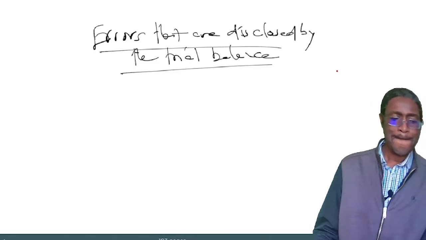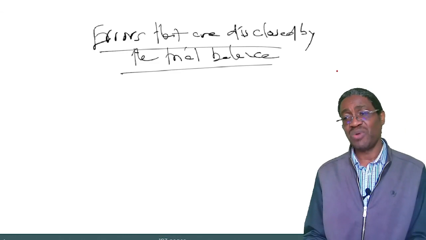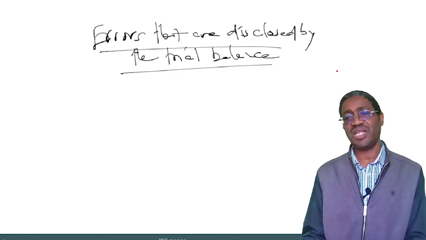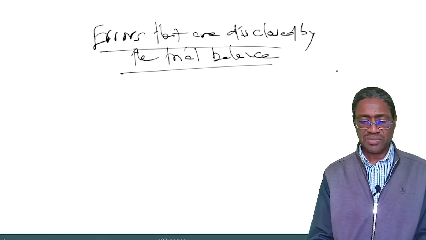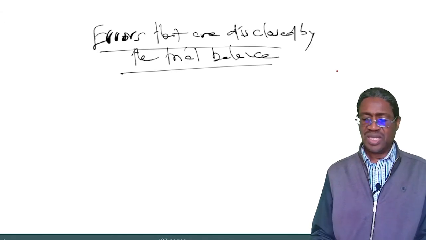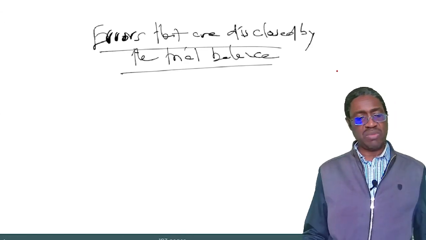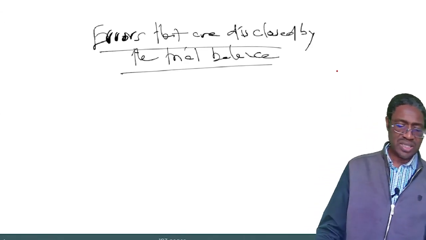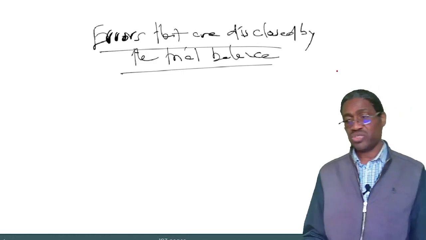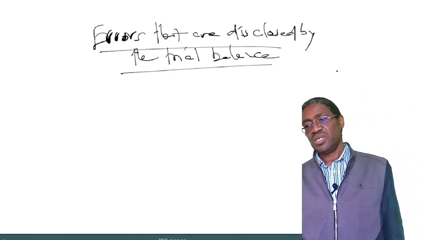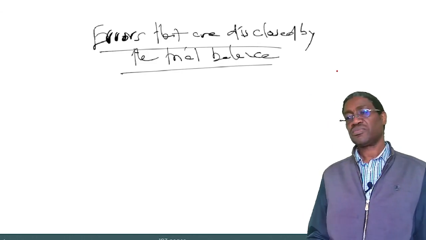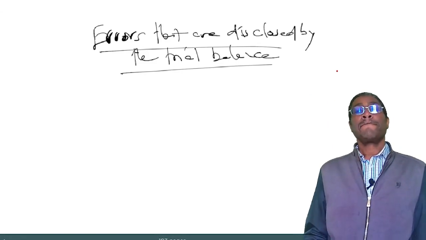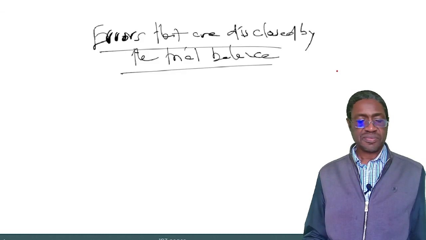Okay? So you can even put down that information under that subtopic. So you can put down the subtopic first: errors that are disclosed by the trial balance. Then you say this.